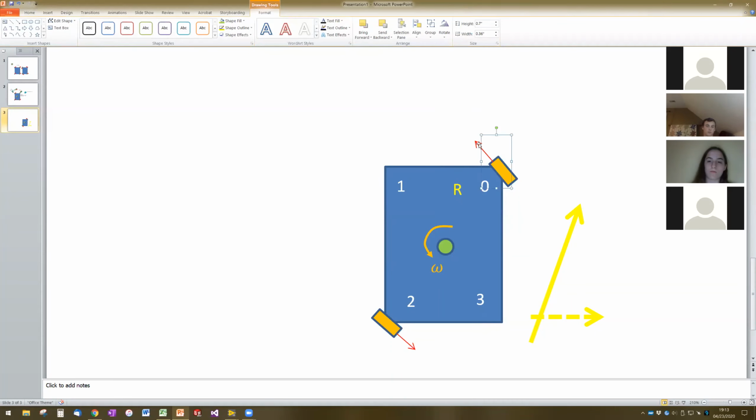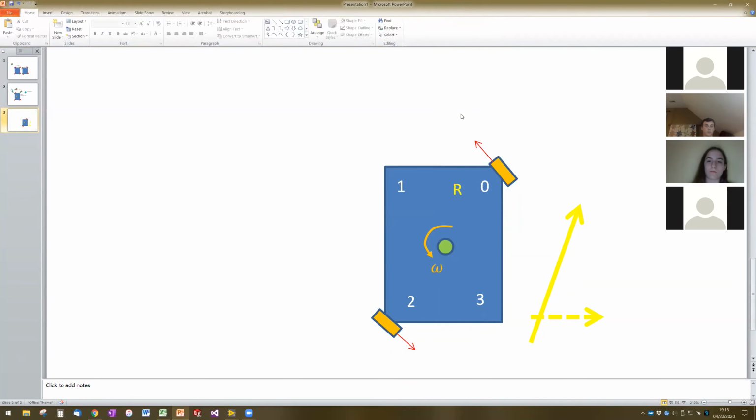For argument's sake, all of our vector right now is going into rotation. We've got our radius, and because we haven't covered, well, let me ask this question.